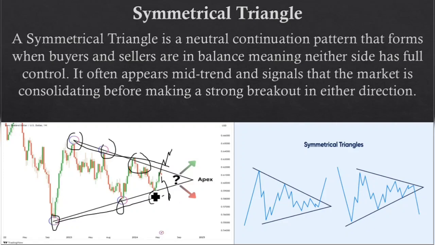So what we simply do to tell if it will continue going higher is we wait for a breakout from either the resistance trend line or the support trend line. Wherever price breaks out from, we then wait for a retest.